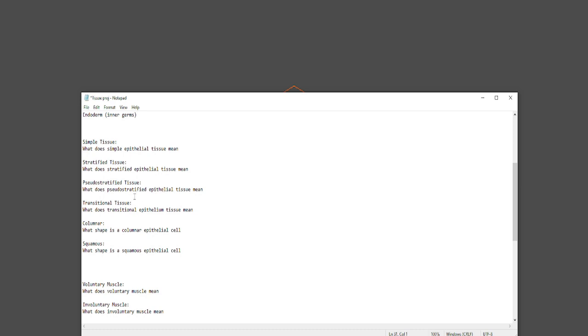Well, it means it is arranged in layers but stays as a single layer. Or probably say multiple layers. This one, multiple? I think that is.